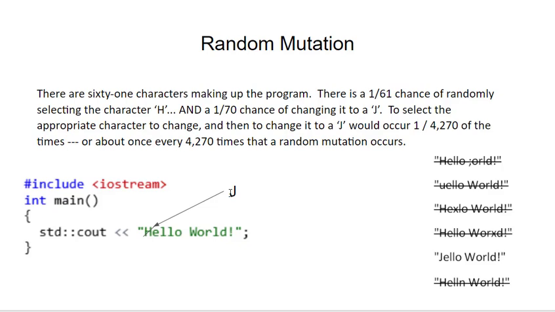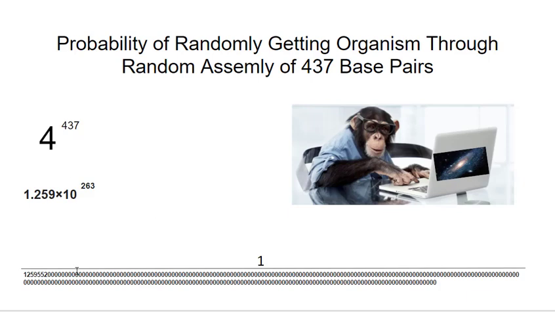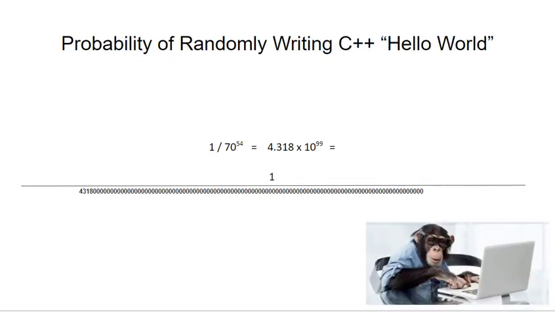Jello world, getting that is so much more likely. Just 1 over 4,270, as opposed to random mutations resulting in a replicating organism, or just getting the program itself, which was 1 over 4318 followed by 99 zeros.